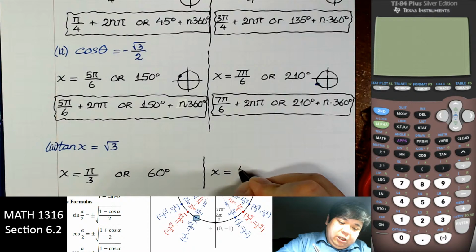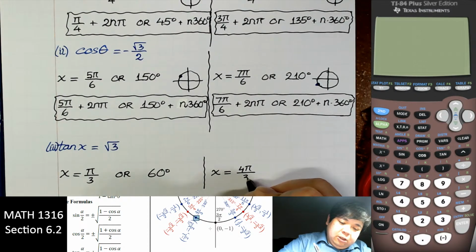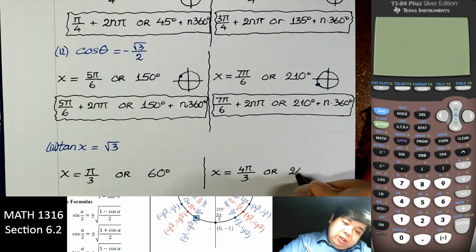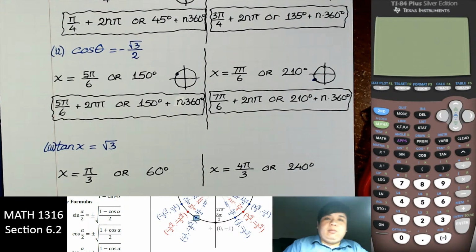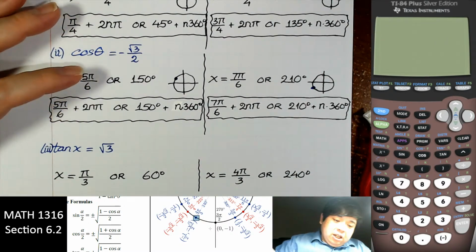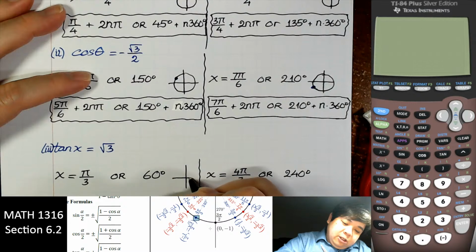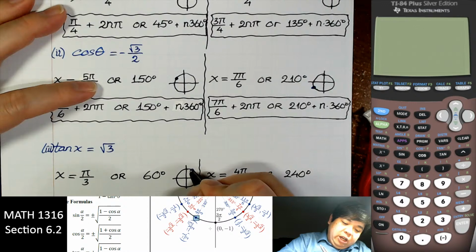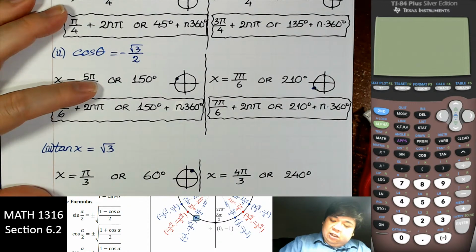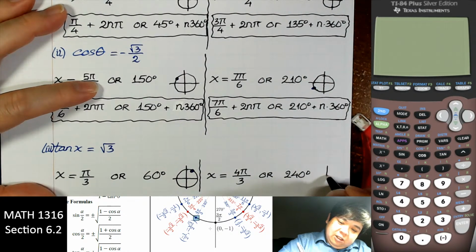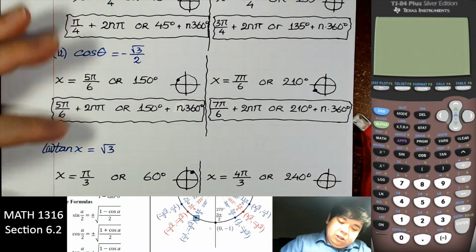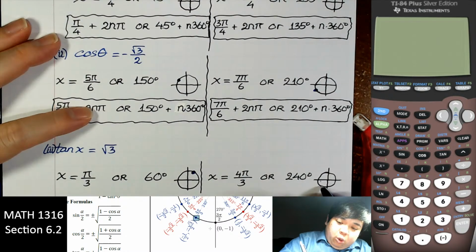That is 4 pi over 3, or 240 degrees. Now, the difference here is, let me just draw it out. We might have a point here, or we might have a point here.